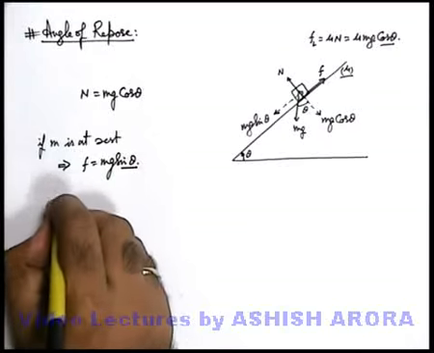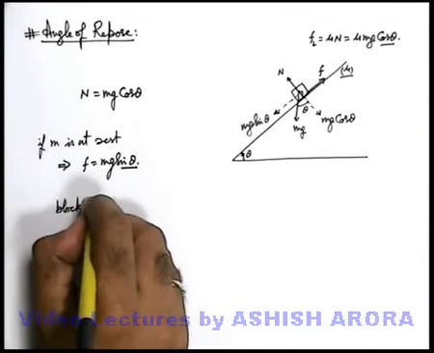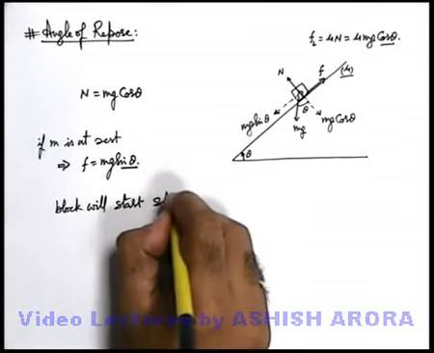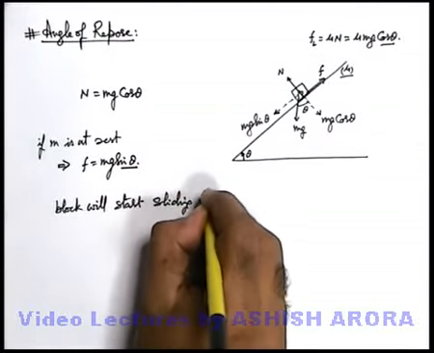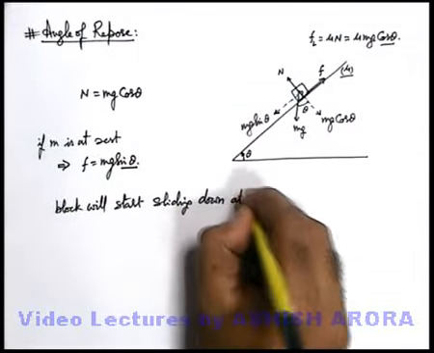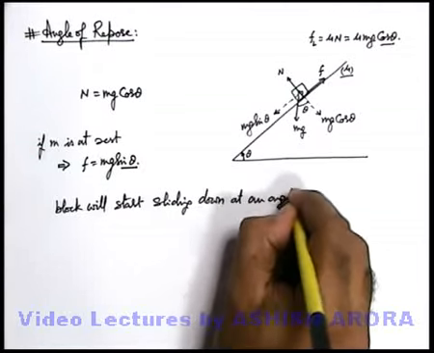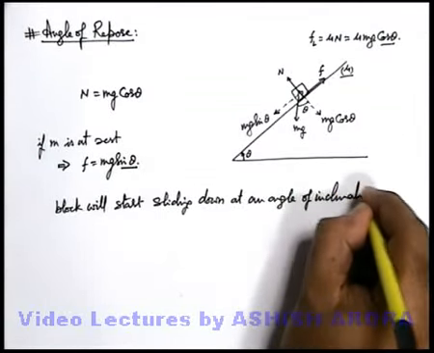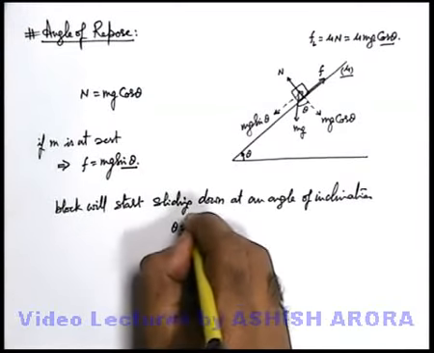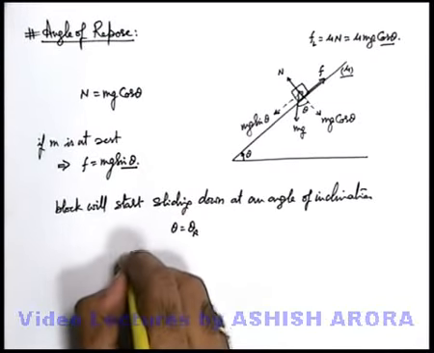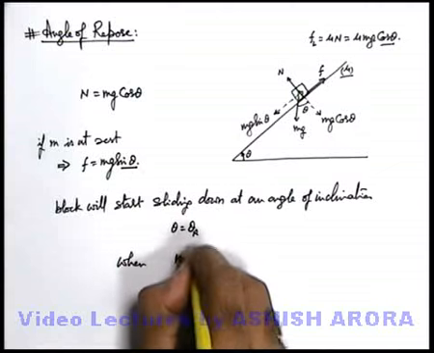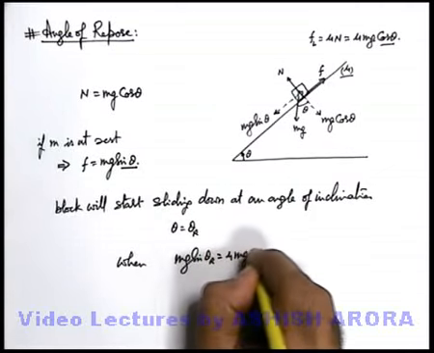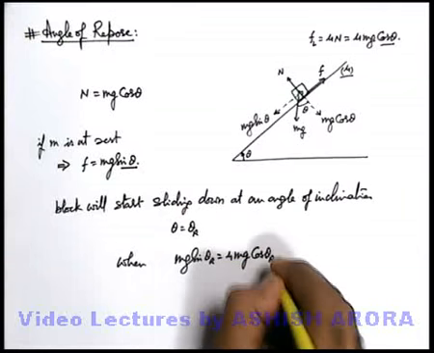So we can say the block will start sliding down at an angle of inclination theta equal to theta r when mg sin theta r becomes equal to mu mg cos theta r.